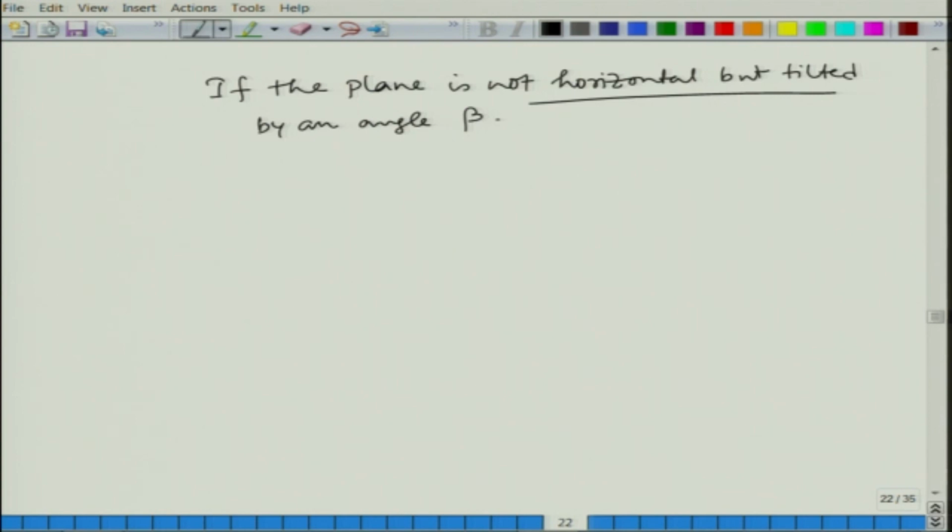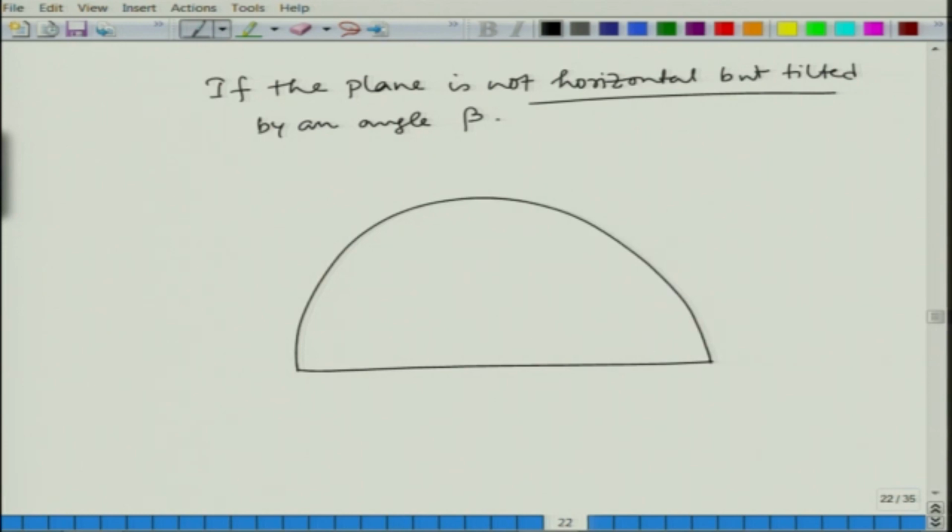Okay. Now, very interesting thing we can observe now. Let me just draw a figure of a cut in the earth. Okay.